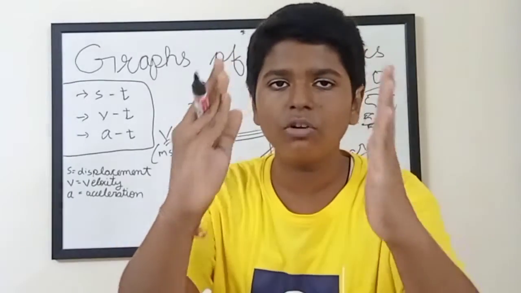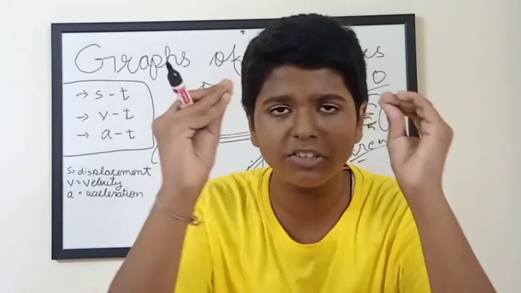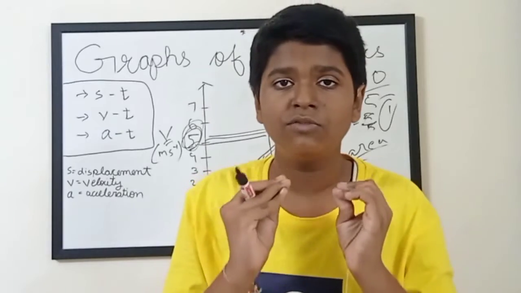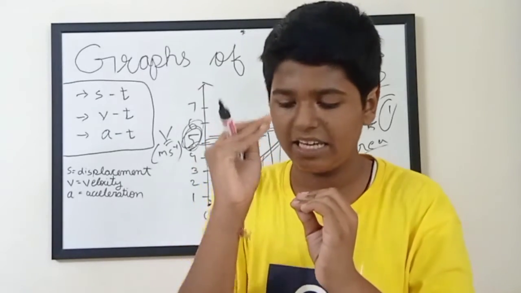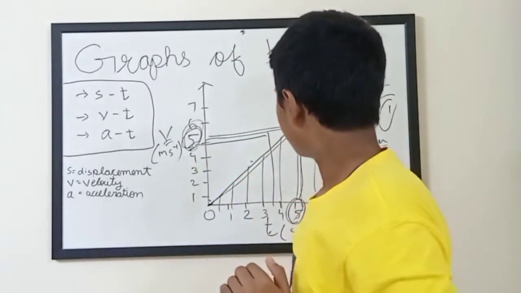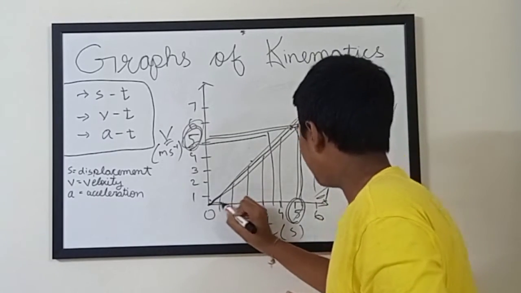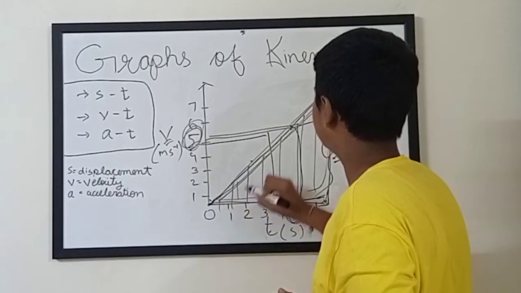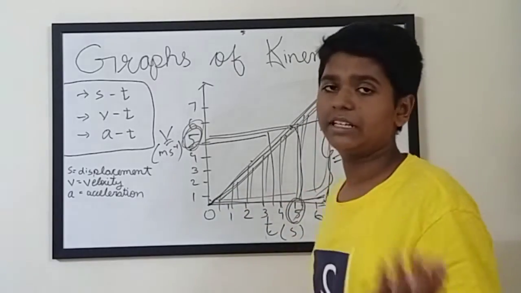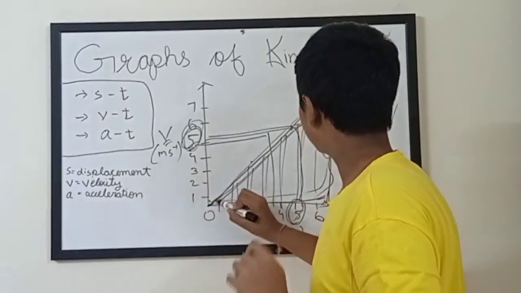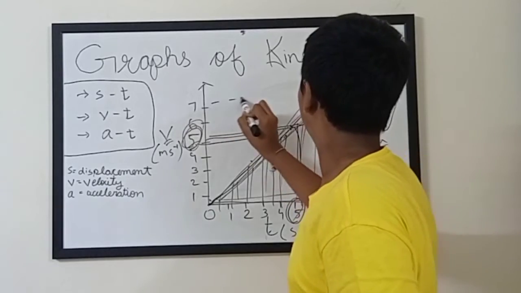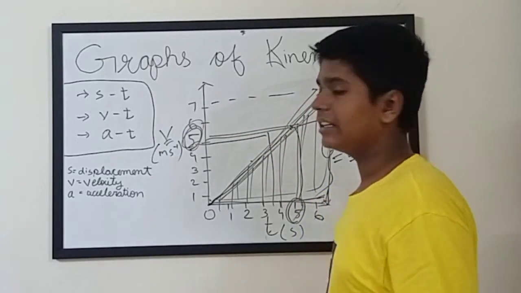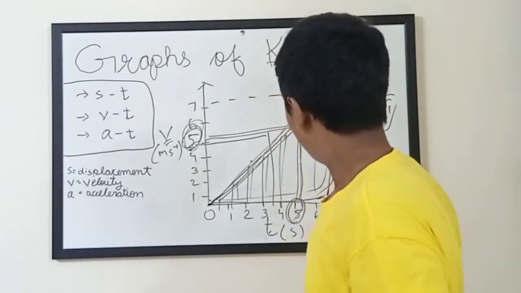You just need to remember that the slope of the velocity time graph gives us acceleration, and the area below the slope and above the x-axis gives us the displacement. Let us see how. Here, if you want to find the displacement, what you need to do?